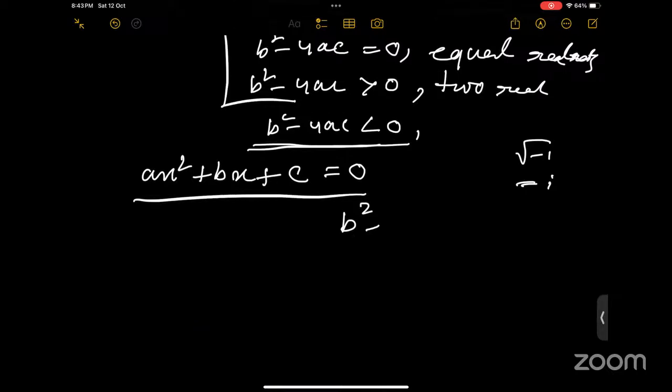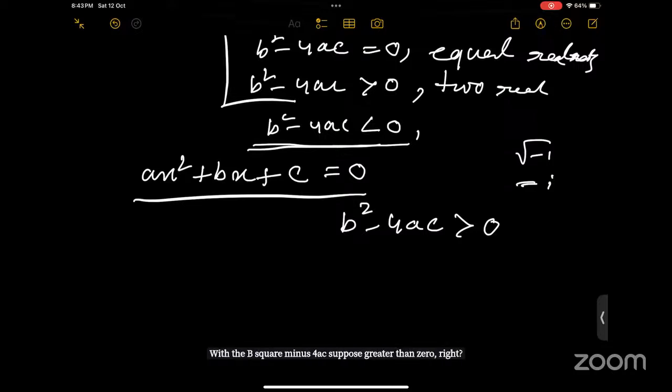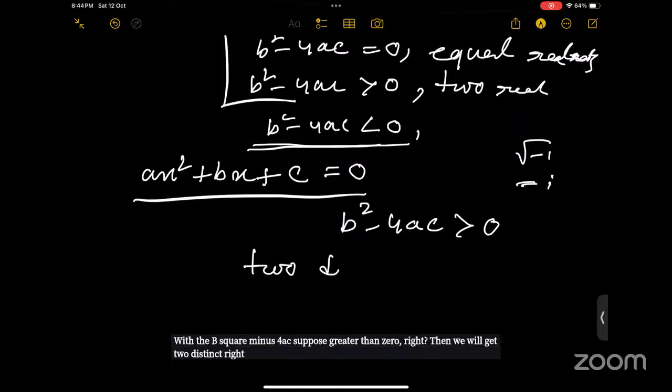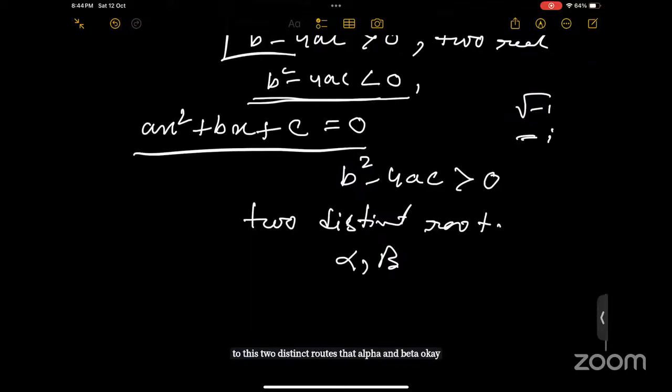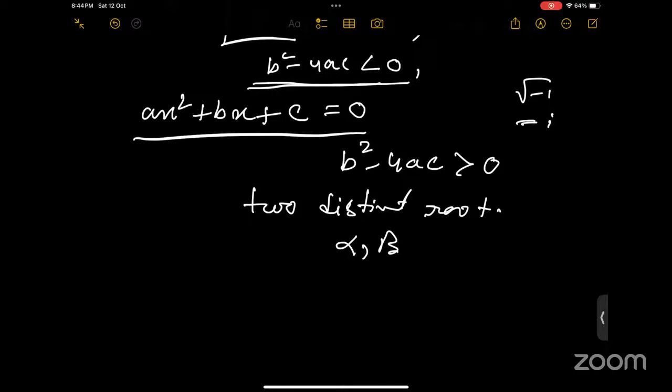So suppose we have this equation ax squared plus bx plus c with b squared minus 4ac greater than 0. Then we will get two distinct roots, that we know, and suppose these two distinct roots are alpha and beta.